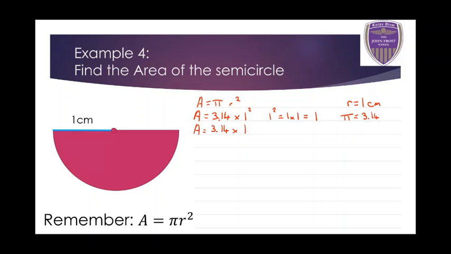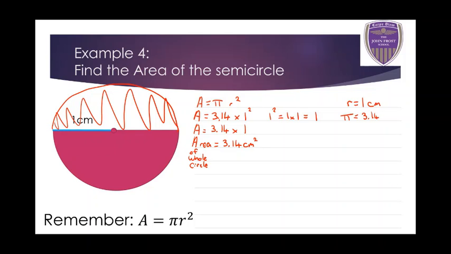And we don't need to use the box method for this. The area equals 3.14 centimeters squared. But this isn't our final answer, remember? This is the area of the whole circle. We have found the area of the whole circle now, but we've only got half the circle.